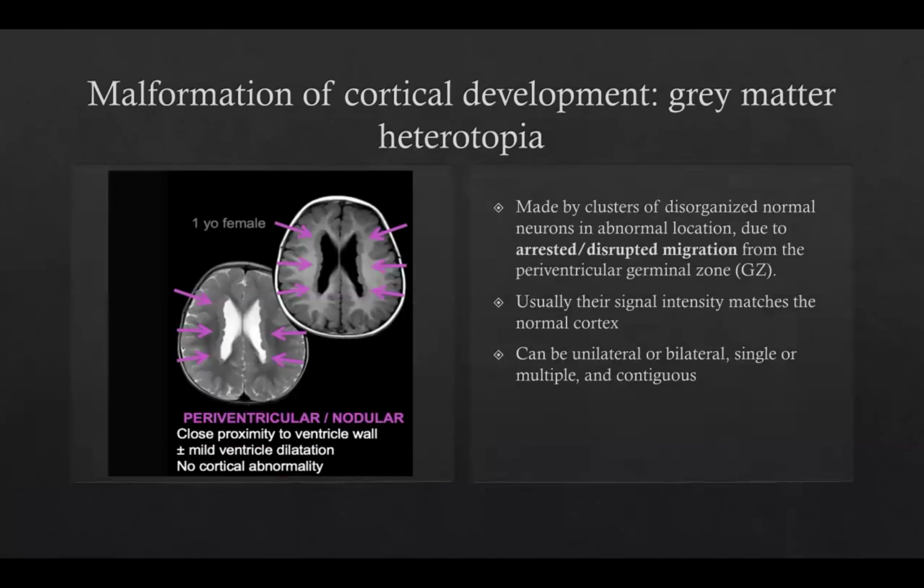Another thing is gray matter heterotopia, where you might see abnormal locations of the gray matter. If it's periventricular heterotopia, you would see this abnormal gray matter along the ventricles. It could be unilateral, bilateral, single, or multiple, and it could also be contiguous heterotopia.